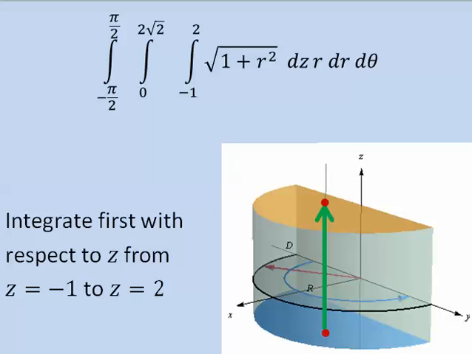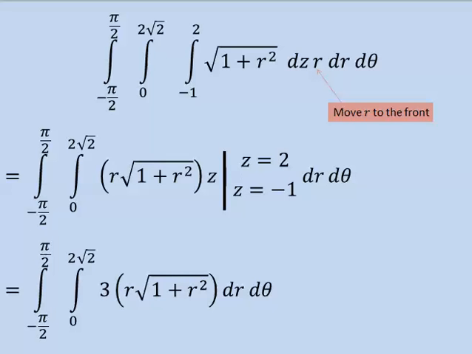Our first integral is with respect to z, so we're going in between these two planes. I like to move my little factor of r out into the front. R has a way of getting lost or tucked in where it doesn't belong. So I move the r and then I integrate first with respect to z.